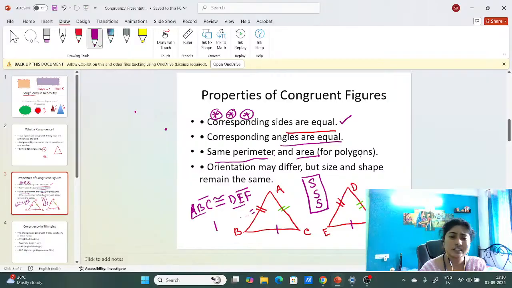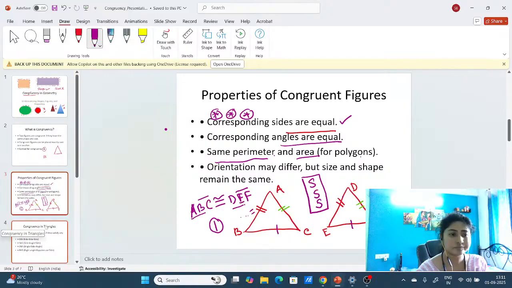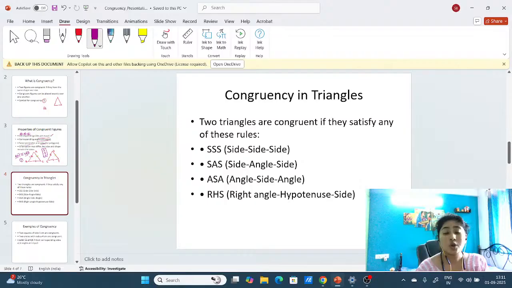But is there any other criteria to check congruency? The answer is yes. There are a few more criteria by which we can check congruency. Congruency in triangles can be checked in SSS manner, SAS manner, ASA manner, and RHS manner.